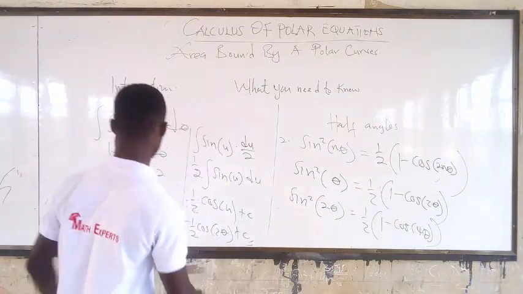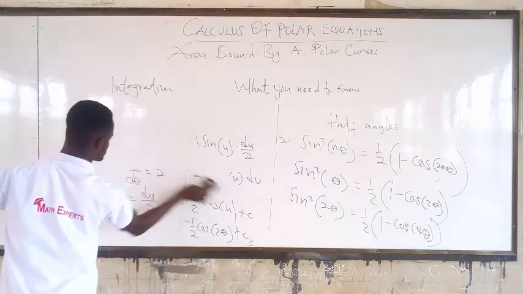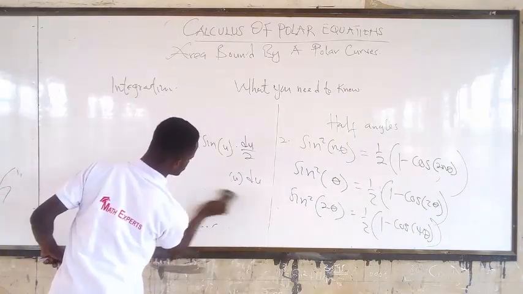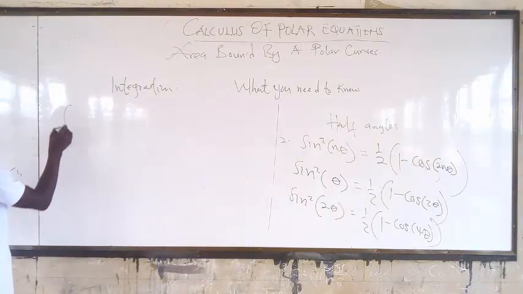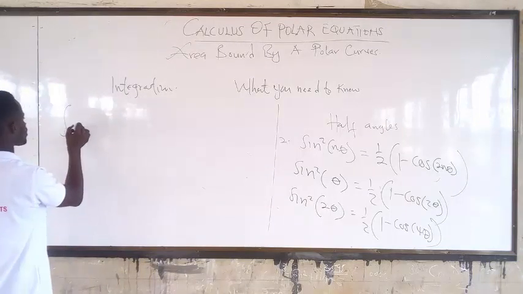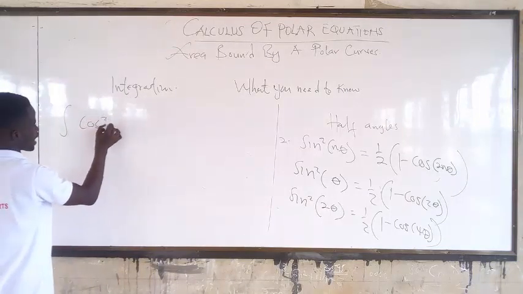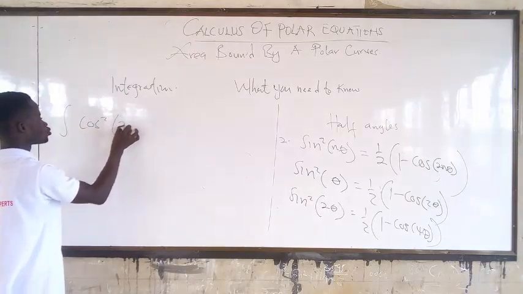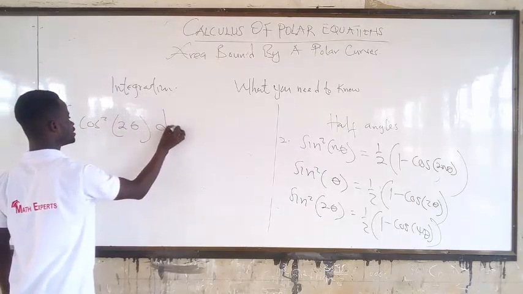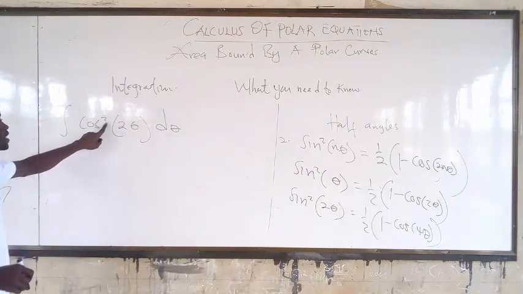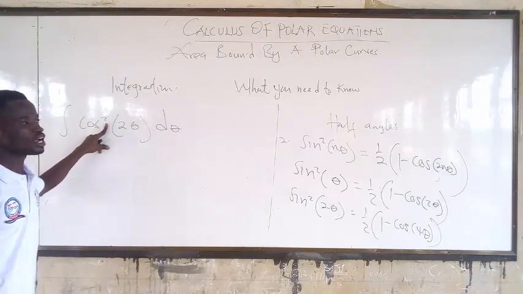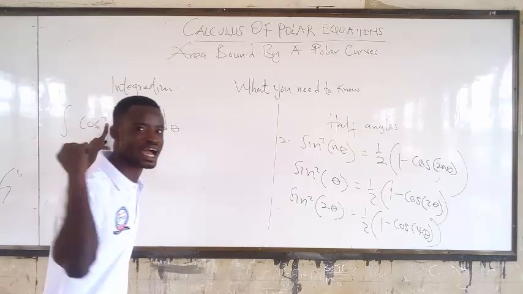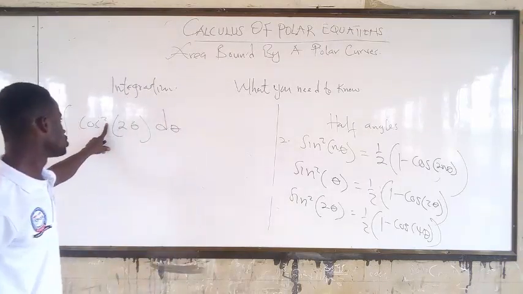Let's try one and see. For instance, you have to integrate cos square 2 theta d theta. You can see it's half angle. The moment you see the square here, know that it's dealing with half angle.